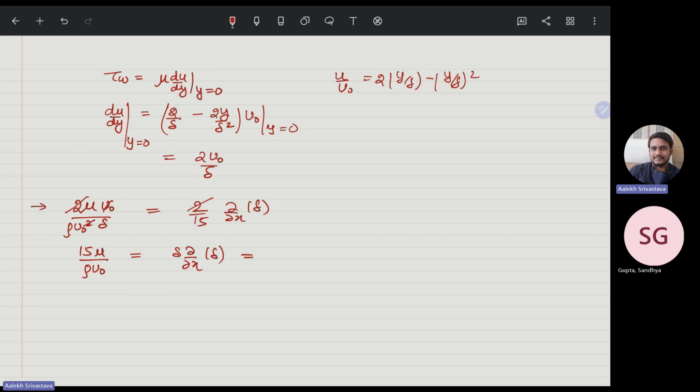So this is none other than half del x of delta square, because if you differentiate it, 2 delta will come out and 2 will cancel. This is the same thing.